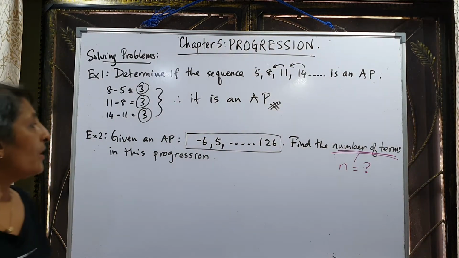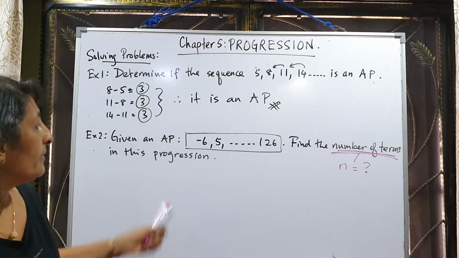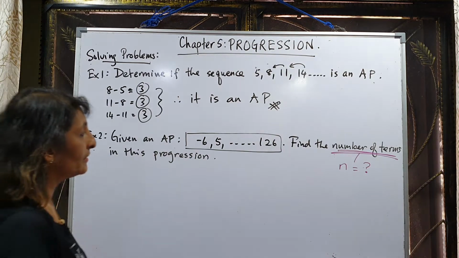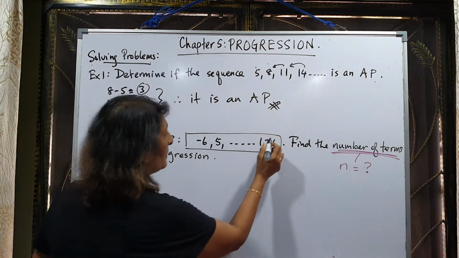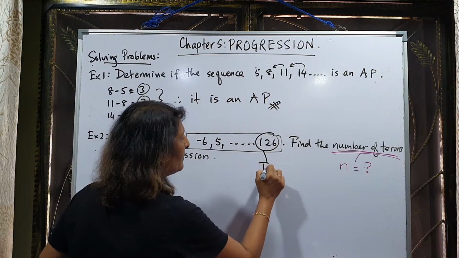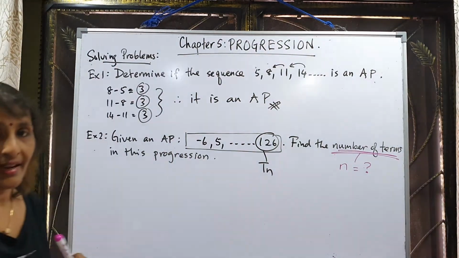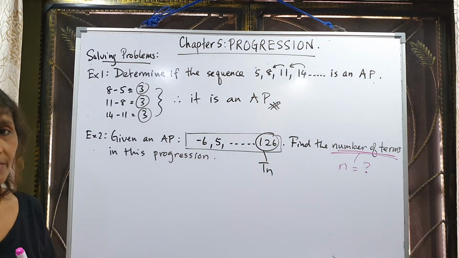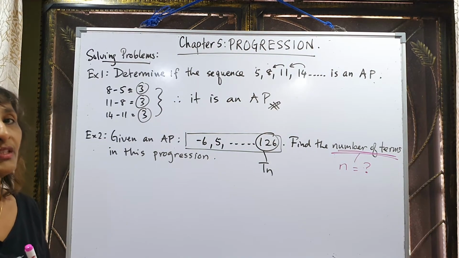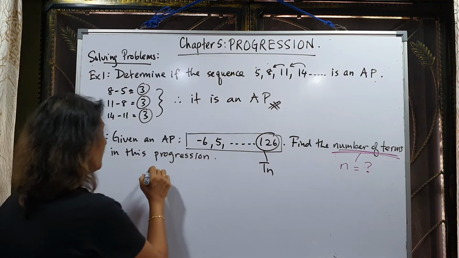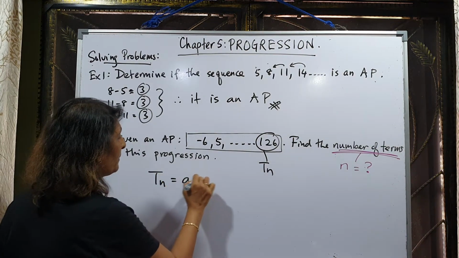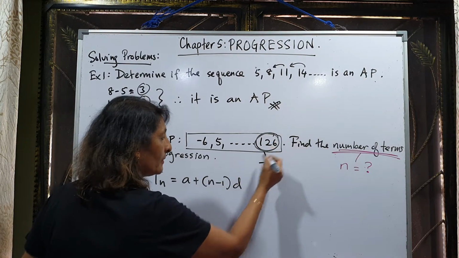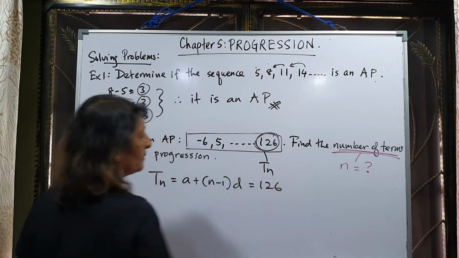Okay. Now, looking at this arithmetic progression, we are given the last term. Can you see that? This is the last term, and this is, we call it the nth term, Tn. Okay, therefore, normally also, whenever you want to find number of terms, you want to find n, we usually use the Tn formula. So therefore, we're going to use Tn formula, which is a plus n minus 1 d, and they gave you the answer here, equivalent to 126.